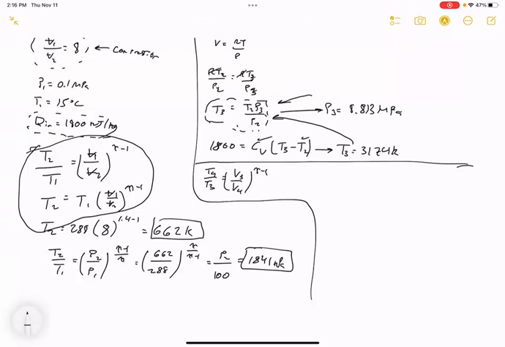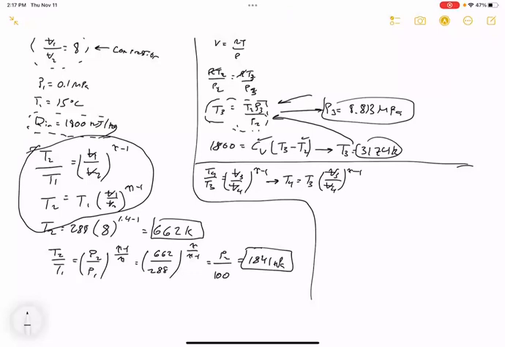Again, where 3 and 4 are states 3 and 4. We know T3, we can use this to find T4. So T4 equals T3 times V3 over V4 to the gamma minus 1. T3 we just found over here. V3 over V4, well, we don't know individually what the volumes are, but we know that V3 is an eighth of V4.